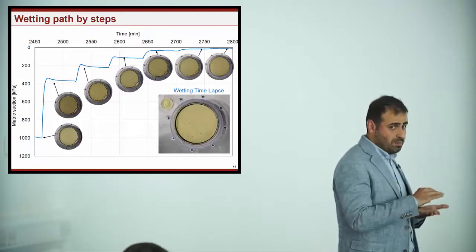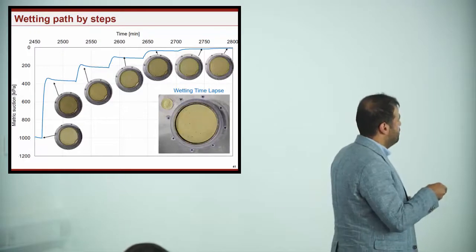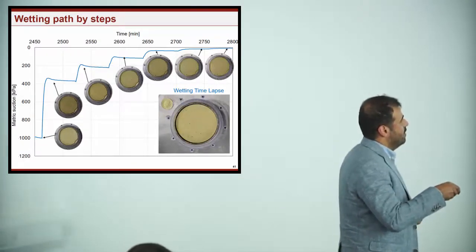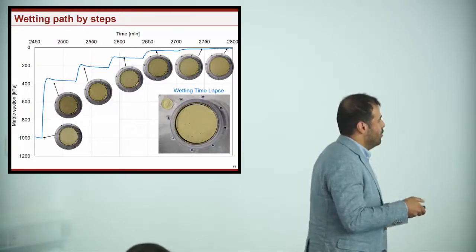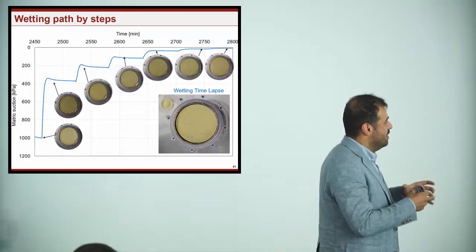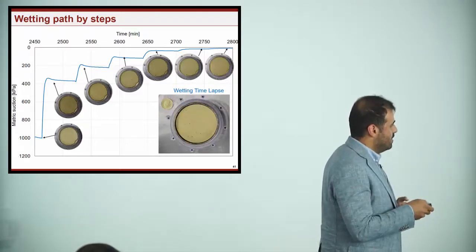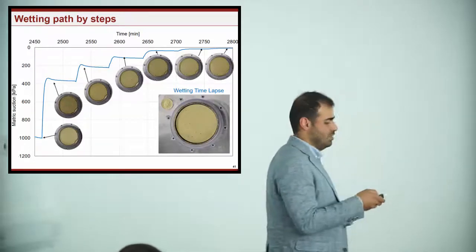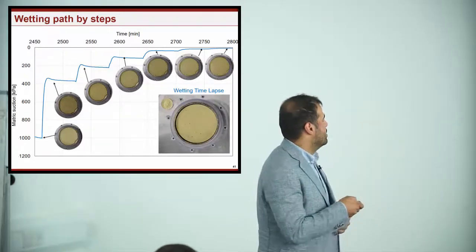The evaporation was prevented in each step, and then we waited until we got equilibrium, and then we started again until we arrived at the initial condition. Also here we have the wetting time lapse, where the swelling of the material is clearly visible, with the creation of some bubbles on the top of the sample due to the presence of air inside the specimen.